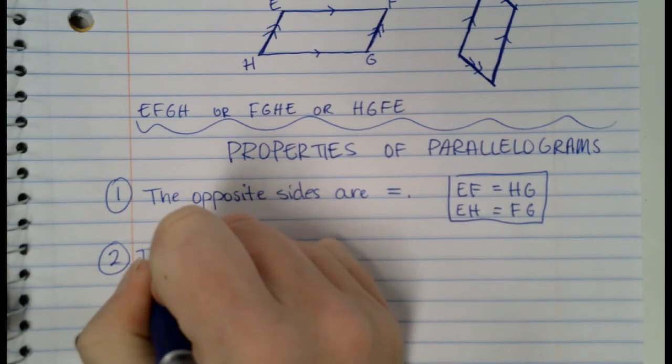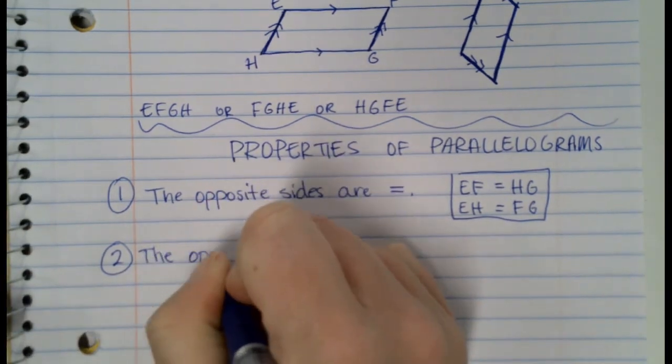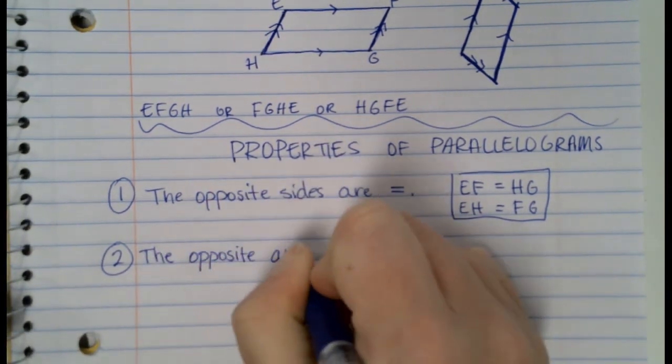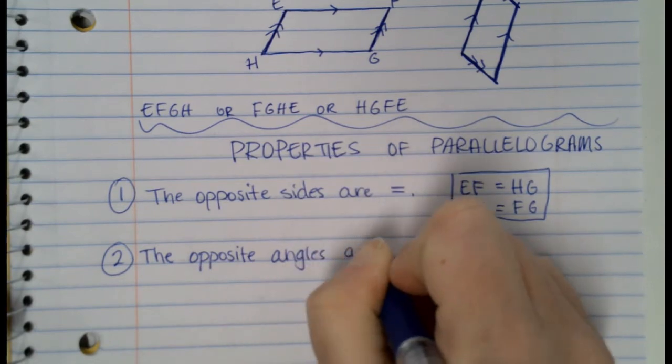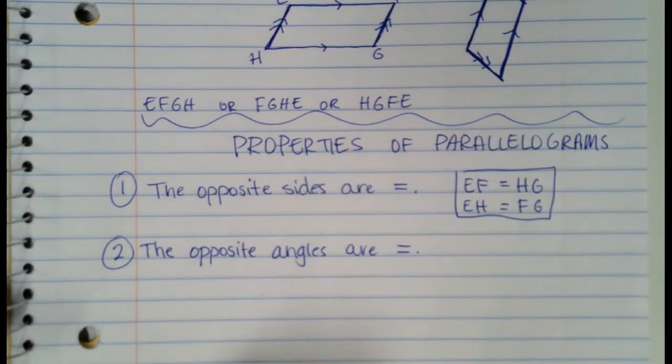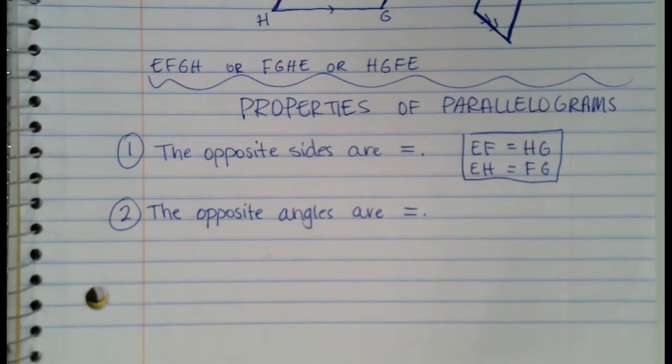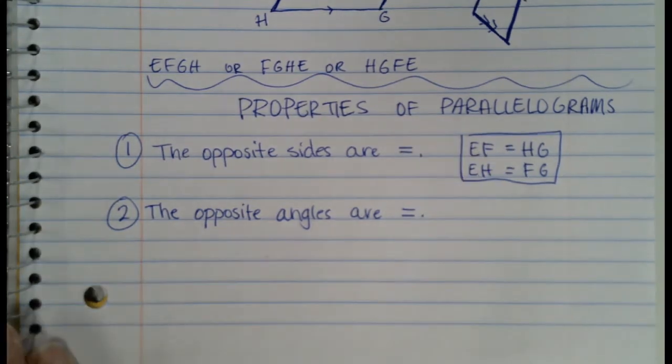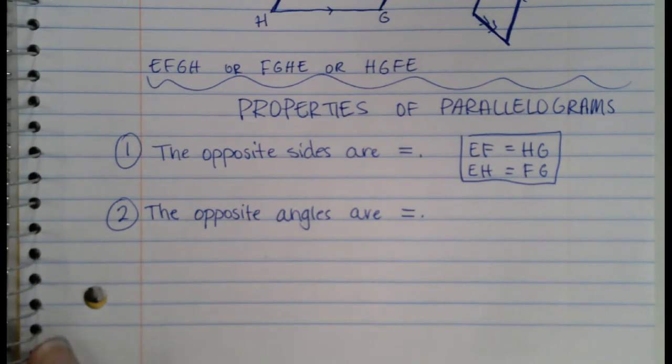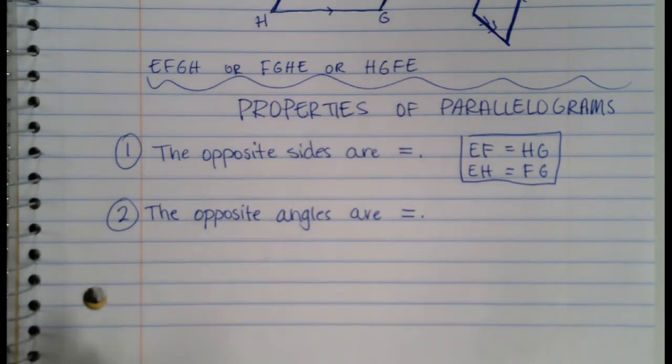In a parallelogram, the opposite angles are also equal. Now, what do you think I mean by opposite angles? We're talking about the angles that are across from each other.